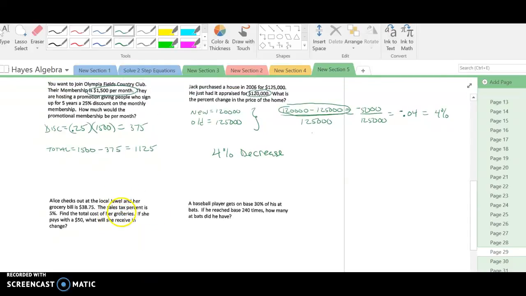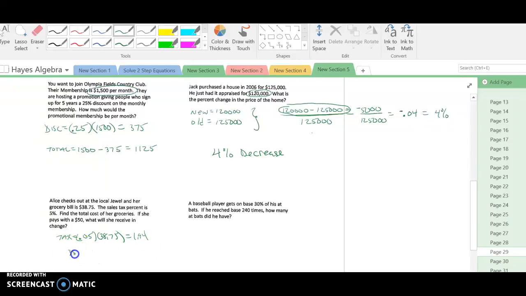Next one. Alice checks out at the local store. Her bill is $38.75. The tax percent is 5%. What is the total cost of her groceries? So the sales tax is 5%, 0.05 times $38.75. That gives you $1.94 in tax.